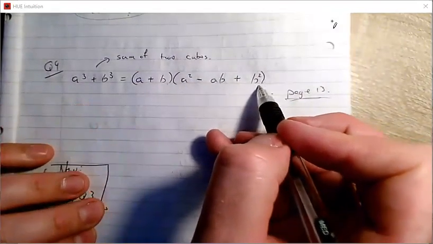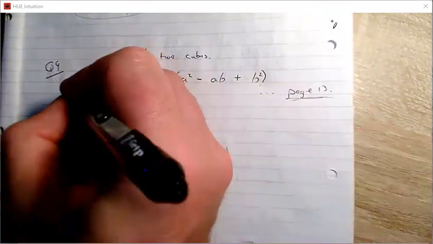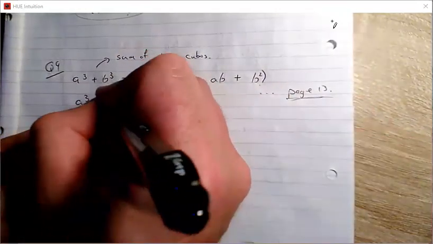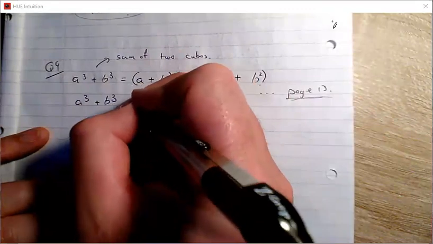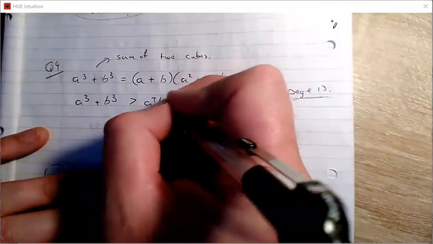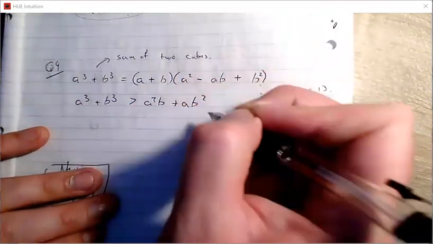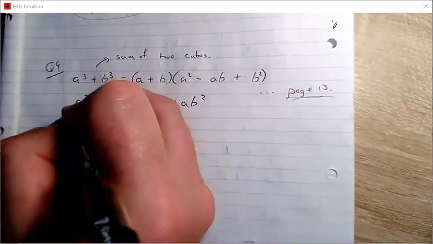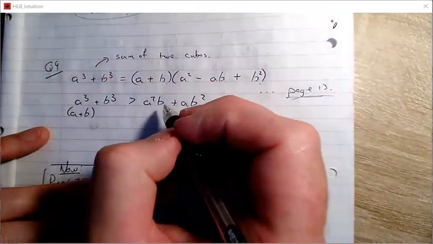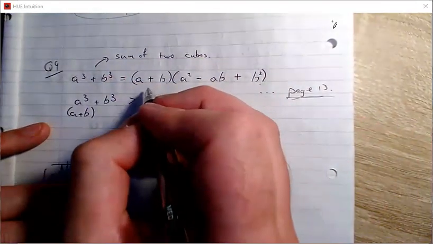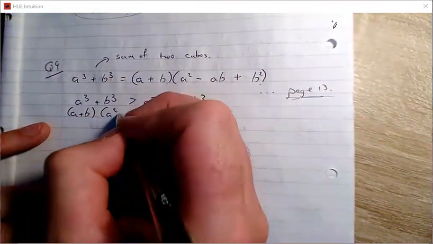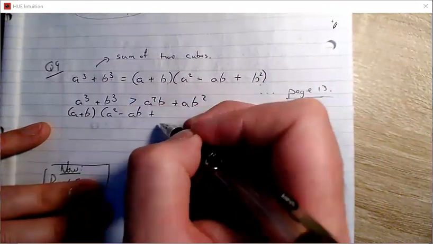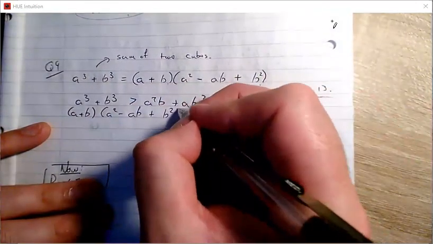And what they've asked you to do, hence prove that a cubed plus b cubed is greater than a squared b plus ab squared. Okay, well, factorizing the left-hand side there gives us a plus b times a squared minus ab plus b squared.